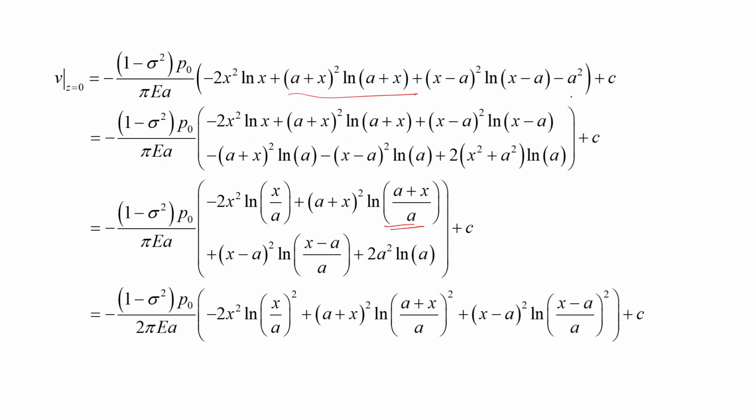For example, over here I had written minus a plus x whole square ln of a, and for this term I have written minus x minus a whole square ln of a. If I add both these terms, I see that this is a subtraction over here, so I have to add this particular term over here. We do all that. This is just to write the result in a somewhat more organized manner. Otherwise, the result that you have derived is good enough.